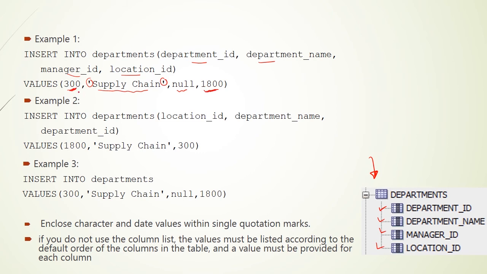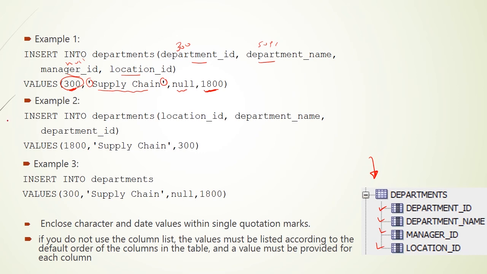For numbers, you don't have to specify quotation marks. So here the 300 value will be used for the column department ID. For the department name, it is supply chain. The null value for the manager, and 1800 for the location ID. So here we add a record: department ID 300, department name supply chain, manager ID is null, and location ID 1800.